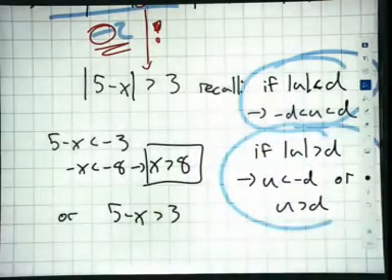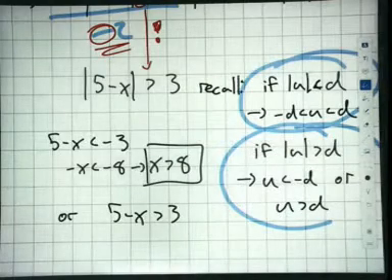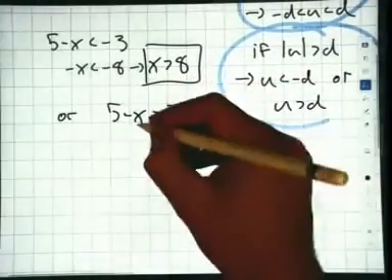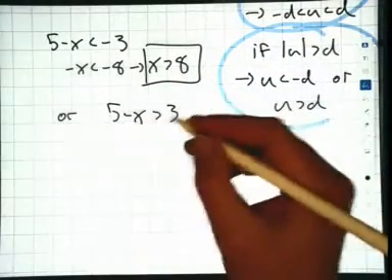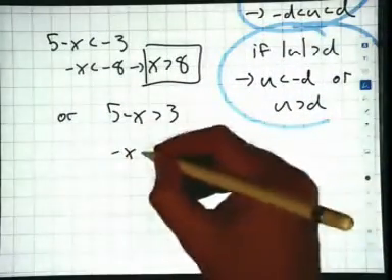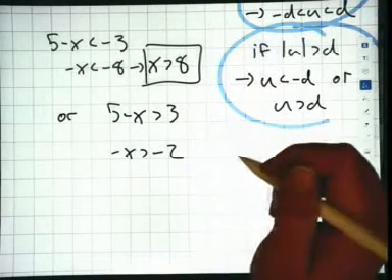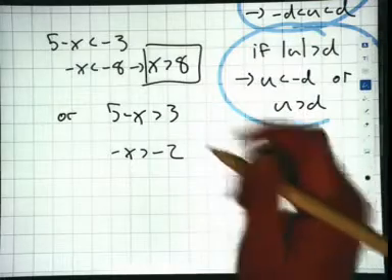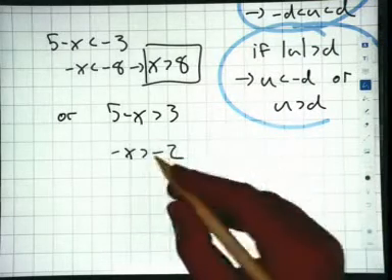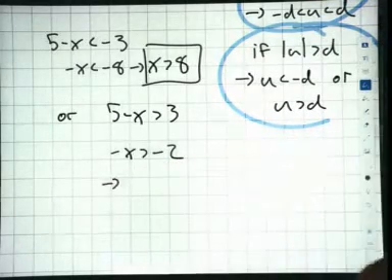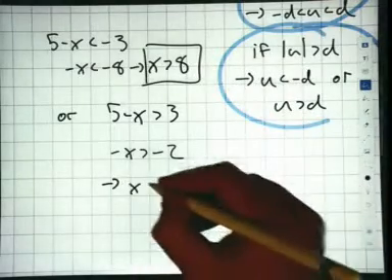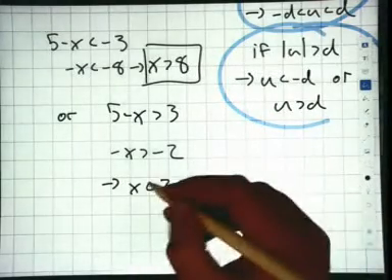X is greater than 8. And then, over here, we're going to subtract 5 on both sides. So that's going to give me negative x is greater than negative 2. But I've got to get rid of that negative sign, so we're going to divide both sides by negative 1. And that's going to give me x is less than positive 2.